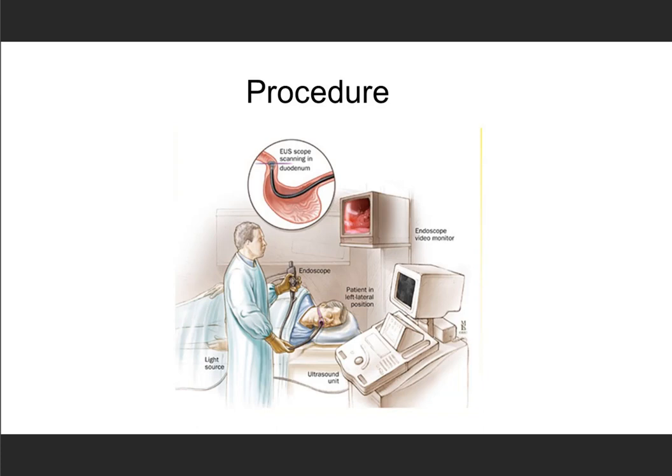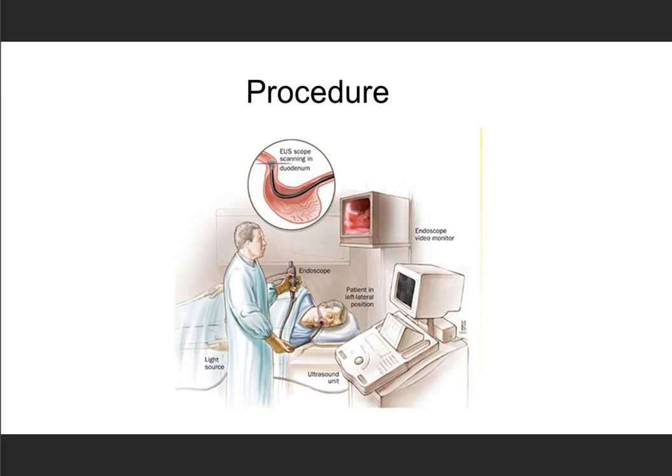If you recall, I mentioned that the pancreas is situated just behind the stomach, and the scope easily makes its way to the stomach as well as the first part of the intestine. And this allows us to visualize in very close-up detail a pancreas by ultrasound. Furthermore, it also allows us to pass a biopsy needle with ultrasound guidance.